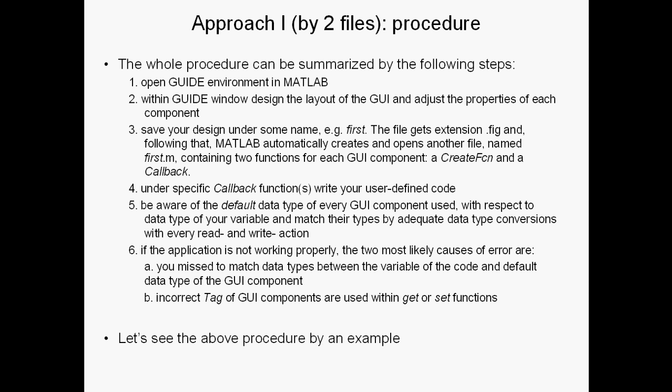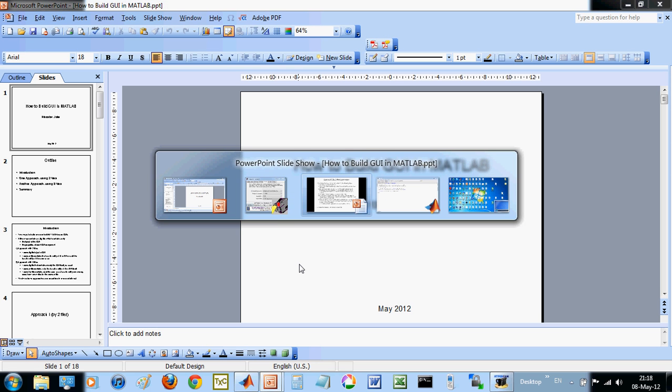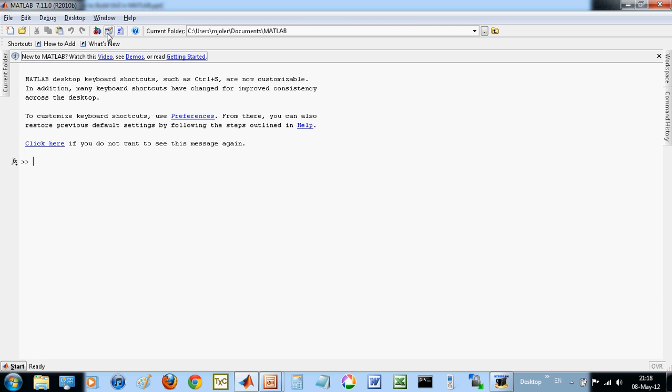So let's begin with approach 1 that uses two files. The procedure to do this is the following. First, one needs to open the guide environment in MATLAB. That can be done either by clicking on the icon in the MATLAB toolbar or by typing in guide in the command prompt.